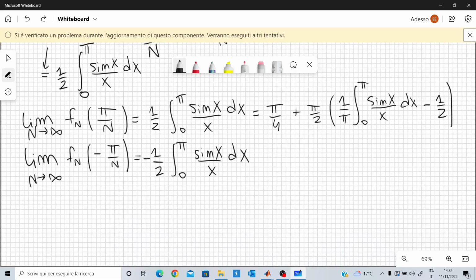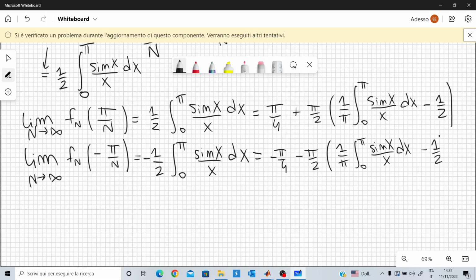And similarly, this one can be manipulated like this. So this can be written as minus pi over 4 minus pi over 2, and then here you get 1 over pi integral from 0 to pi of sine of x over x dx, minus 1 over 2.